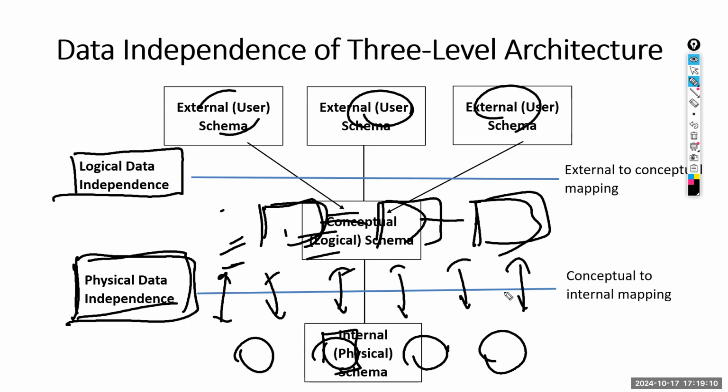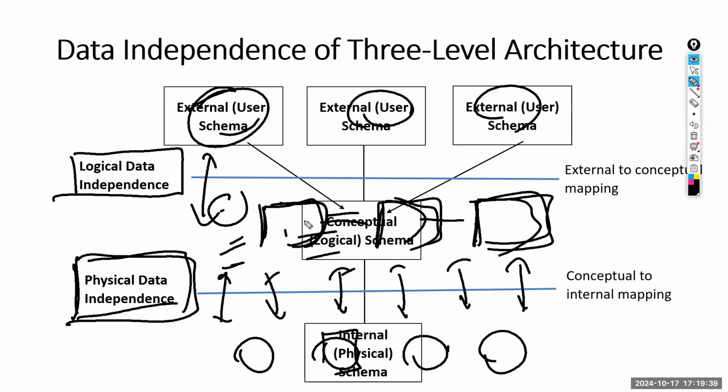So second, data independence is between logical data and external data. That is called logical data independence. That means we can change, not 100%, we have a bit of flexibility to change things like table structures and relationships, somewhat.